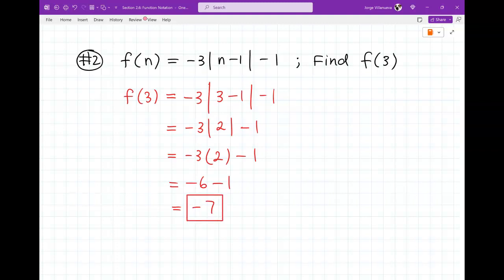Again, you don't have to do all these steps. I actually talked to somebody from my 6th period a couple days ago, and she told me, I know that you always say that you write too many steps, but I need it. I need to see it. And I'm like, that's why I do it, because there's always at least one who needs to see everything. So if you can do this faster in your head, go for it. You don't have to take all these steps.